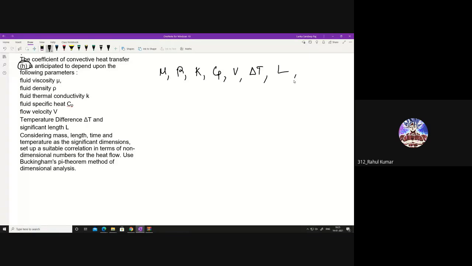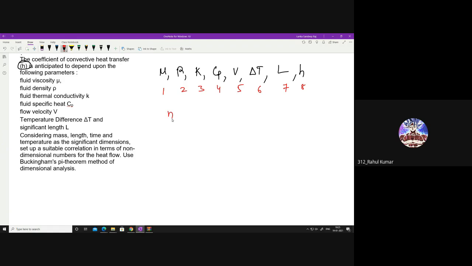It's not a unit, it's a variable. We are speaking about the variables here. So what are all the variables you have? Mu, rho, k, cp, v, delta t, l, and h. If I number them, how many are there? 1, 2, 3, 4, 5, 6, 7, 8.